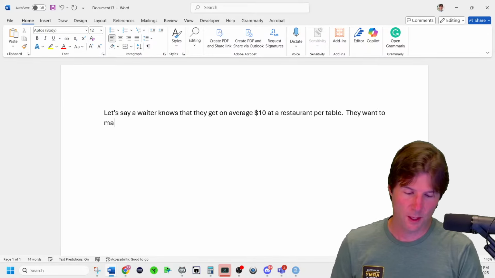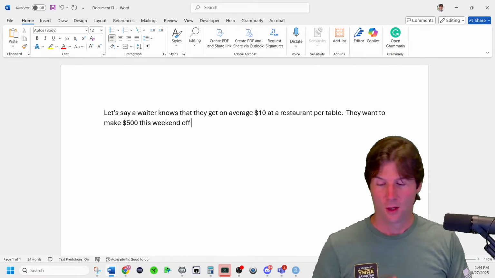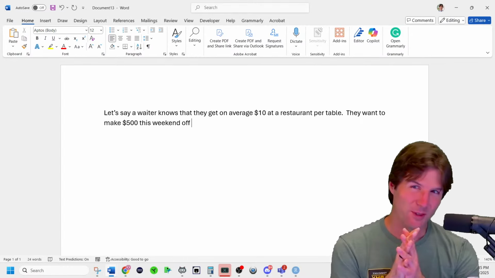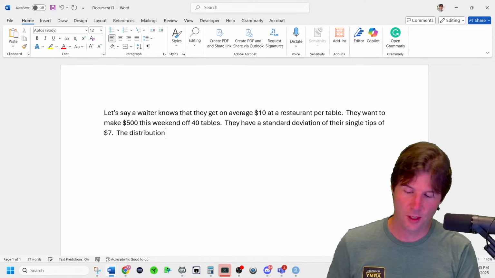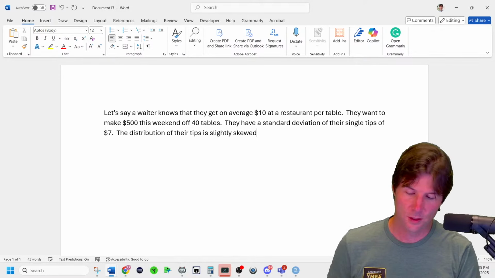They want to make $500 this weekend off of 40 tables. They have a standard deviation of their single tips of $7. The distribution of their tips is slightly skewed to the right.